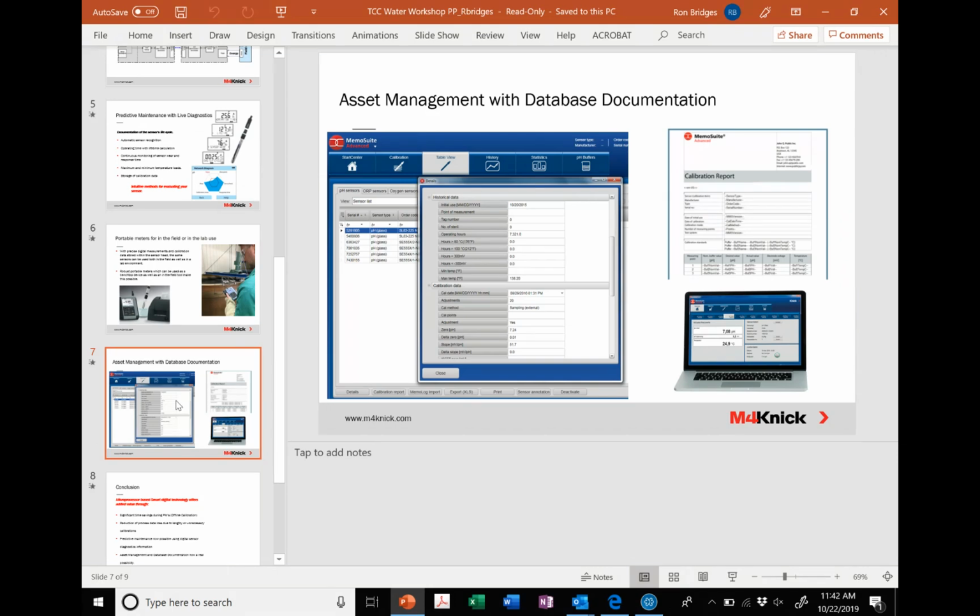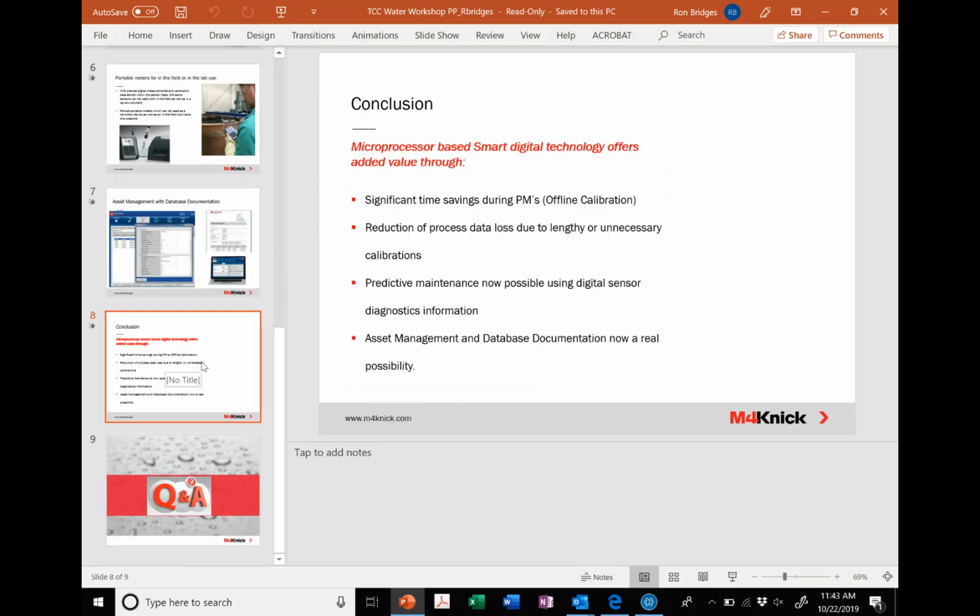It's a non-alterable record of the calibration, which can later be accessed and printed out to show that the maintenance is being done per the permit. So this streamlines the data collection perspective. It takes a little bit more of that workload and moves it to the computer versus someone having to maintain paper records in those applications.